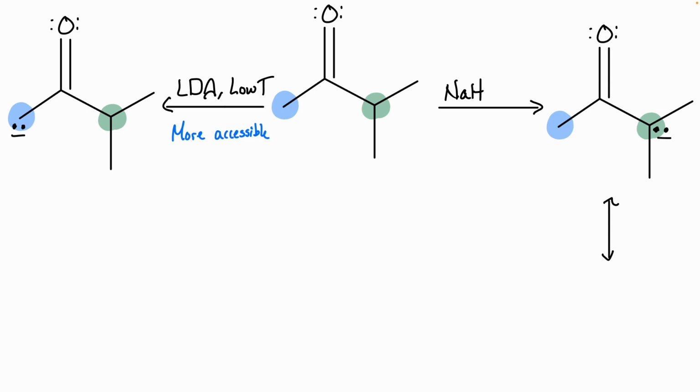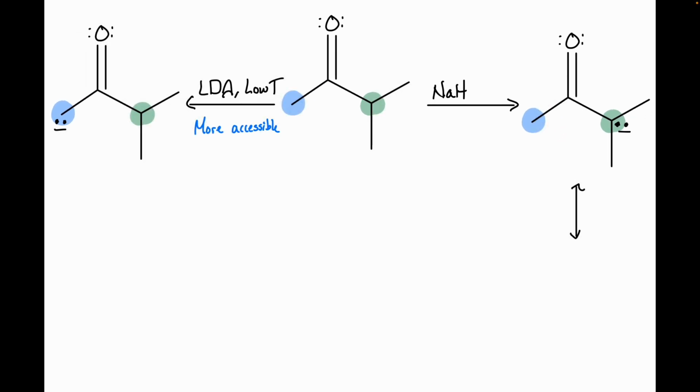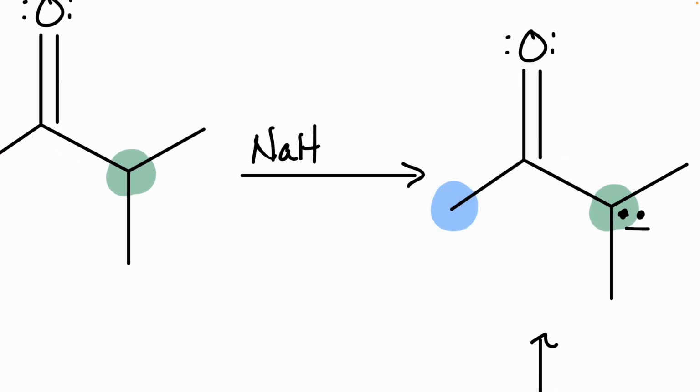Remember where the name comes from. The enol. So to be clear, if I were to draw my arrows here, this pair of electrons forms that double bond, and the oxygen would then have the negative charge in my other resonance contributor.